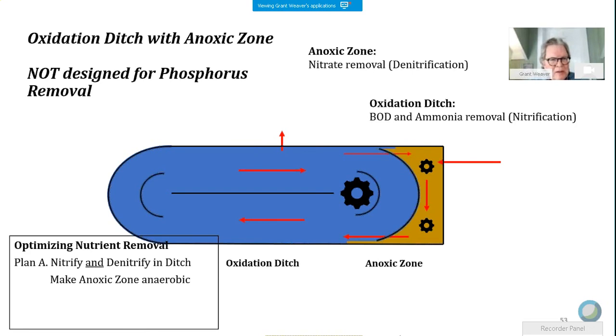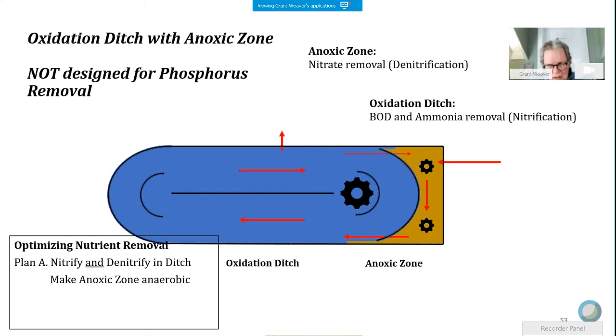So how are we going to optimize? Plan A is to nitrify and denitrify in the main body of the ditch. So we want to take what's blue in my picture, and we want to create both an oxygen-rich and an oxygen-poor environment in that ditch.